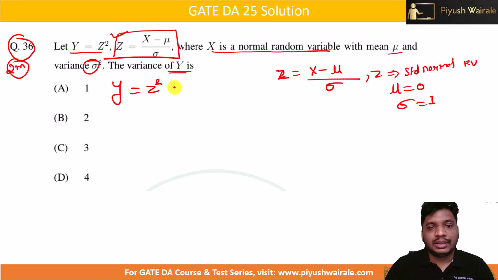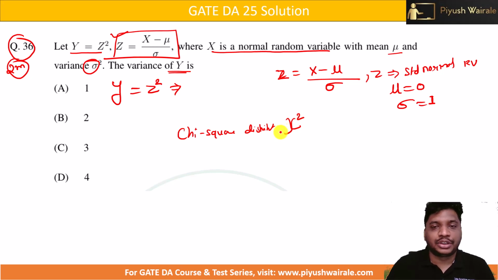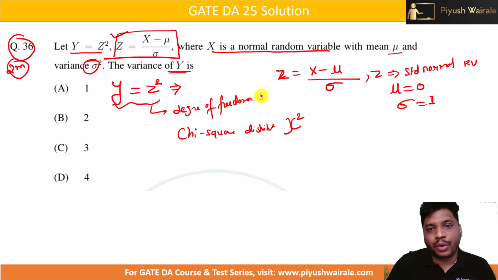If we look at the definition of chi-square distribution, if we take a square of a standard normal variable, that is a chi-square distribution, denoted by the chi symbol. It is a chi-square distribution having degree of freedom 1.